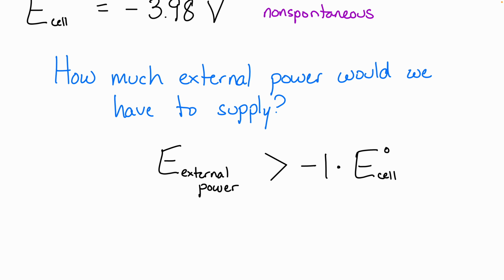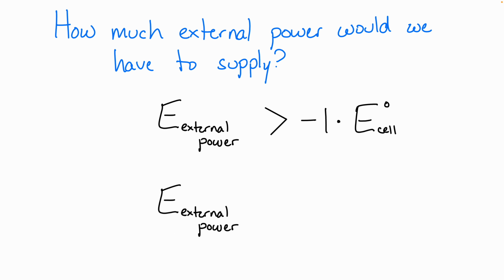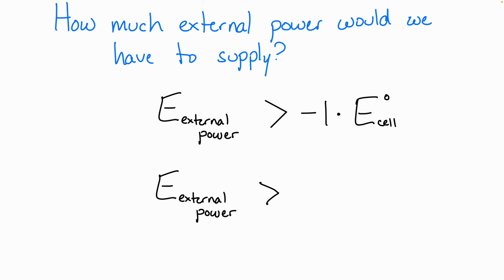So in order to get sodium chloride to decompose into sodium and chlorine gas, we're going to have to supply an external power of at least 3.98 volts.